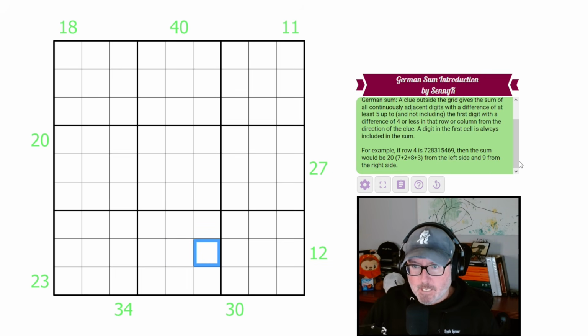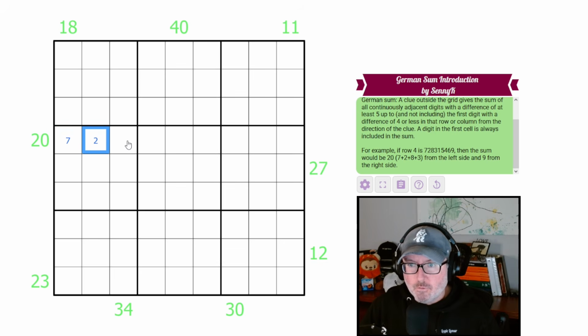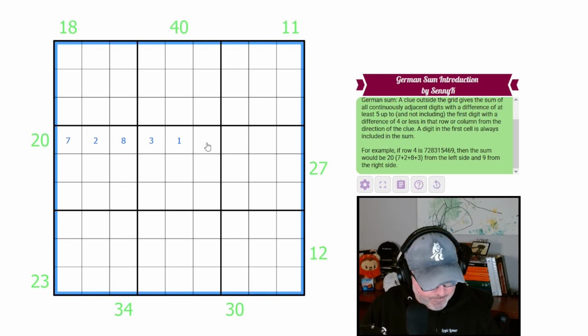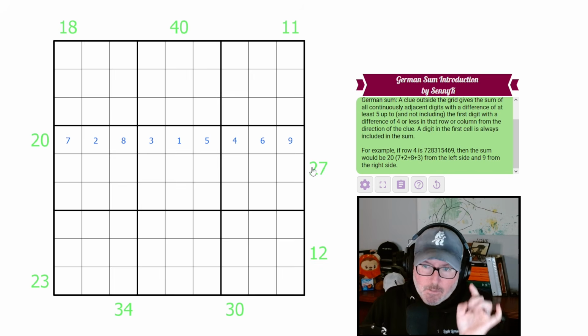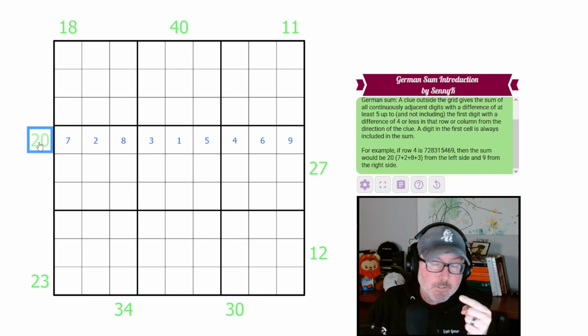So the example here is if the row is 7, 2, 8, 3, 1, 5, 4, 6, 9, then the sum would be 20, because that's what the clue is.